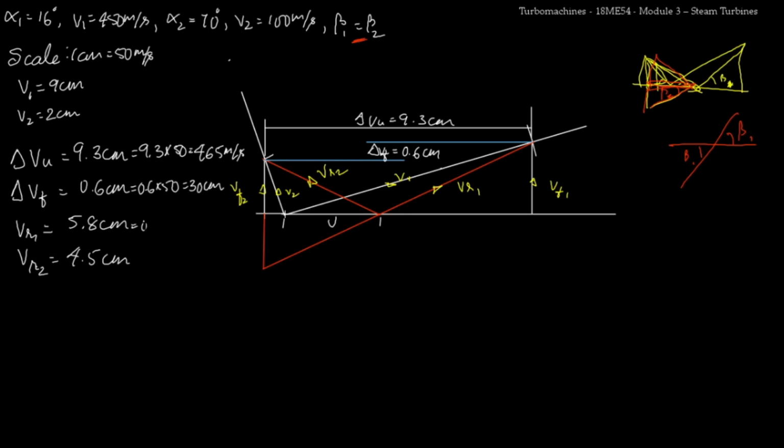Then this is 5.8 into 50, which is 290 meter per second. Then this is 4.5 into 50, which is 225 meter per second. So I'll be transferring these values to page 1.